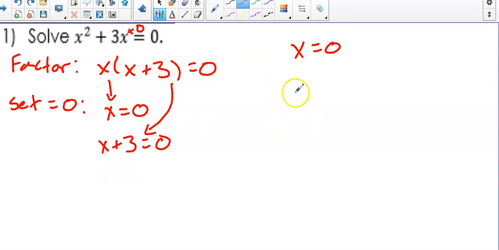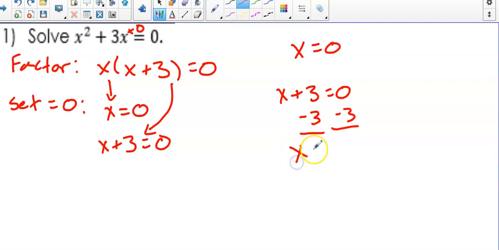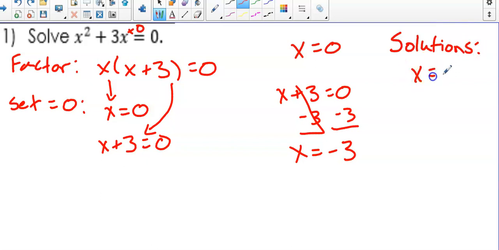And then for x plus 3 equals 0, I subtract 3 from both sides. Okay, you guys have been doing this kind of stuff for years. So x equals negative 3. So we have two solutions: x equals 0 and x equals negative 3.